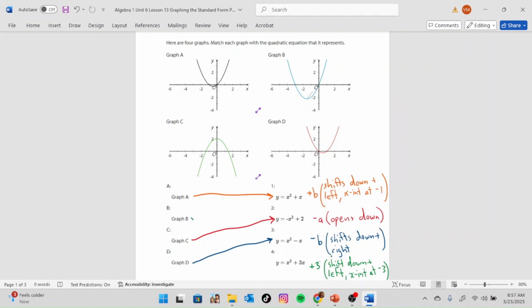So graph B must match up with equation number 4.